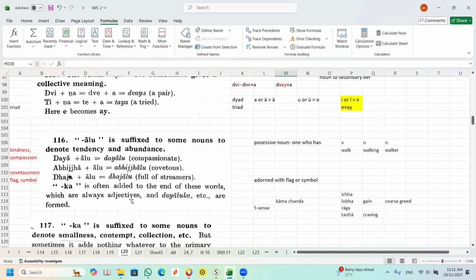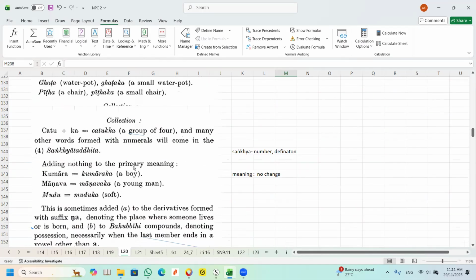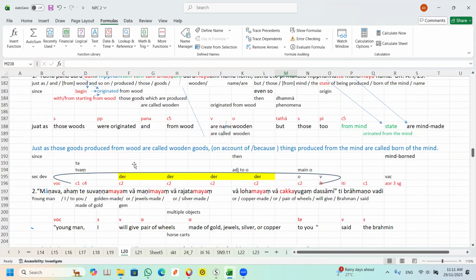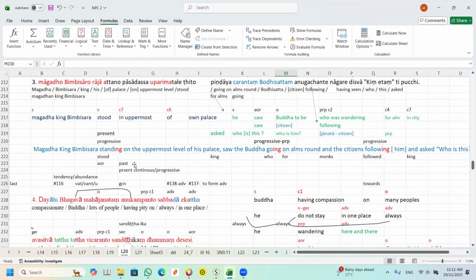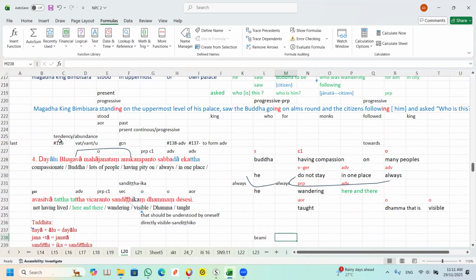Then it explains that when this suffix is added, the meaning changes to denote tendency or abundance. So it denotes tendency. This is how you refer back to your notes, because the whole idea is to make sure that we know the source of our translation. So this one comes from 116.